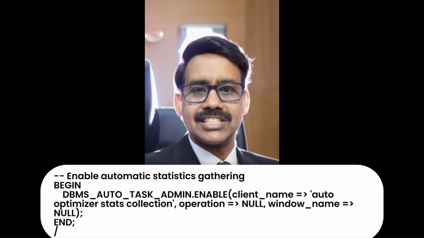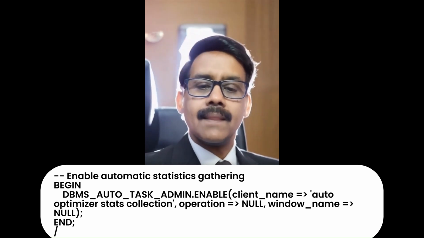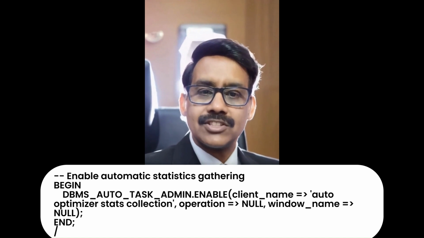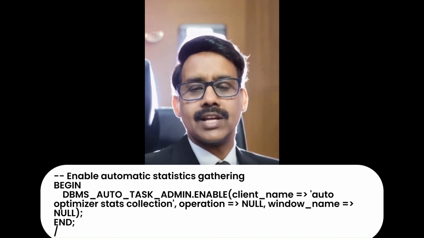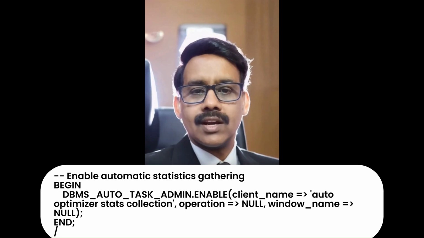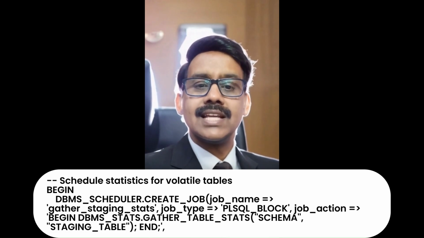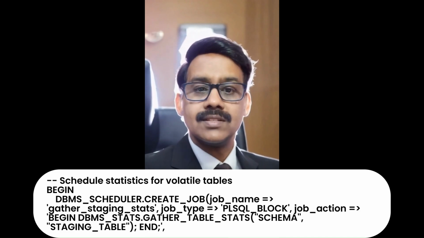Enable automatic statistics gathering. Begin dbms_auto_task_admin.enable, client_name equal to auto-optimizer stats collection, operation equal to null, window_name equal to null. End. Schedule statistics for volatile tables.